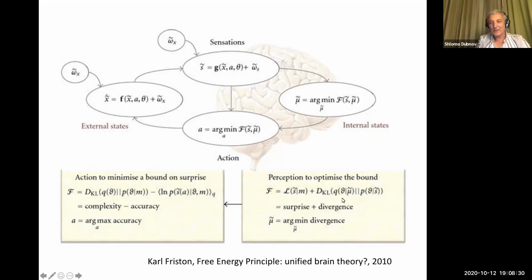And he uses this duality in the representations to claim that if you want to think about what the brain can do, it can either adapt to the world or it can act on the world. And this is seen in this representation of complexity minus accuracy, while perception or inference is modeled by this divergence part.